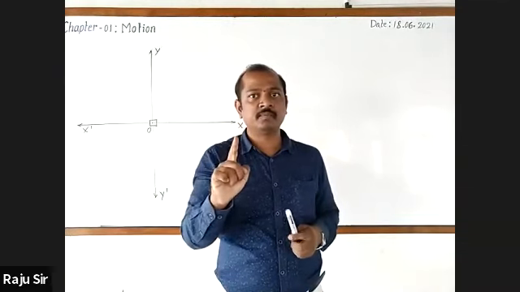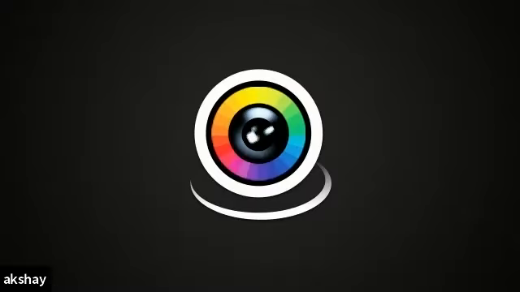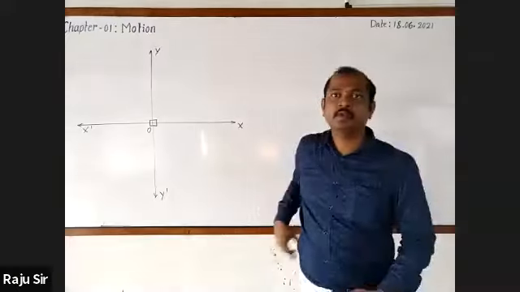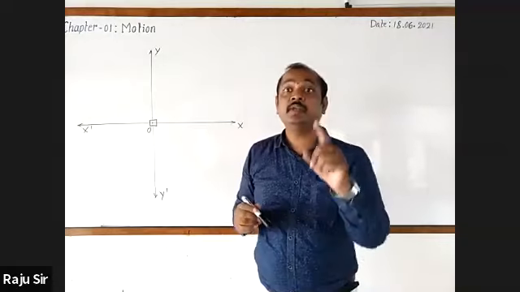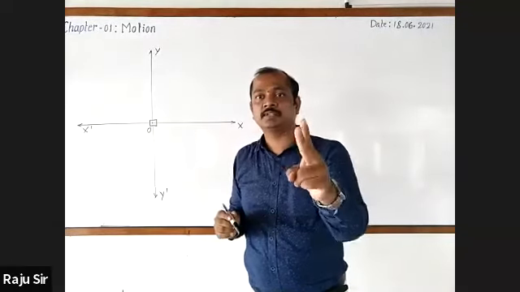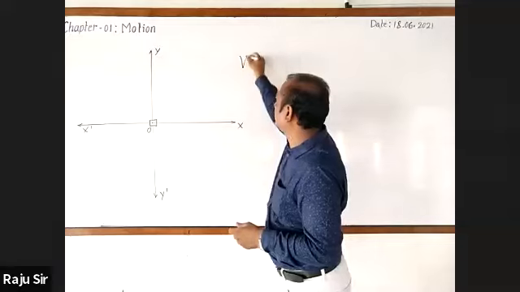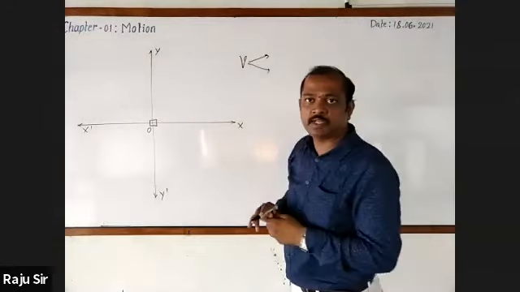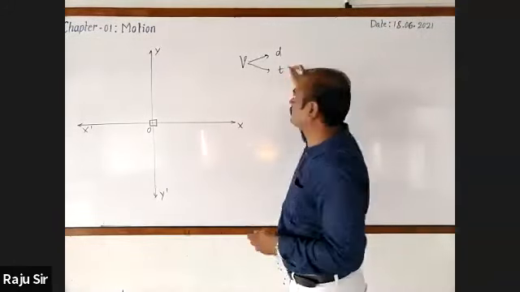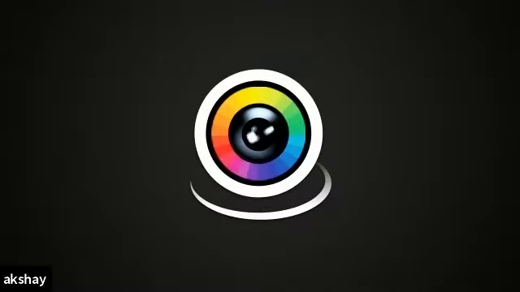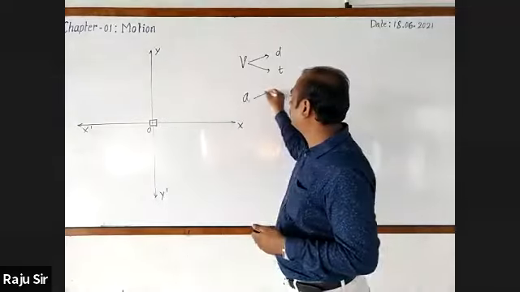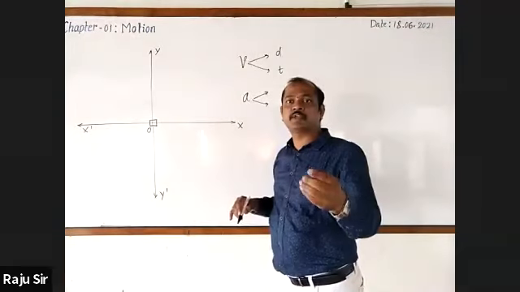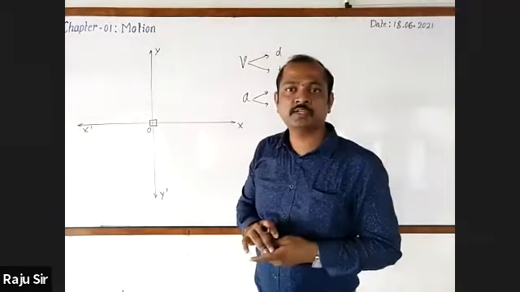Understood? Yes, sir. Once I'm repeating, to represent anything on the graph or Cartesian plane, we need two quantities. Here, the speed depends on two physical quantities. One is distance and another one is time. Similarly, acceleration also depends on two physical quantities. Arushi, which are these two?